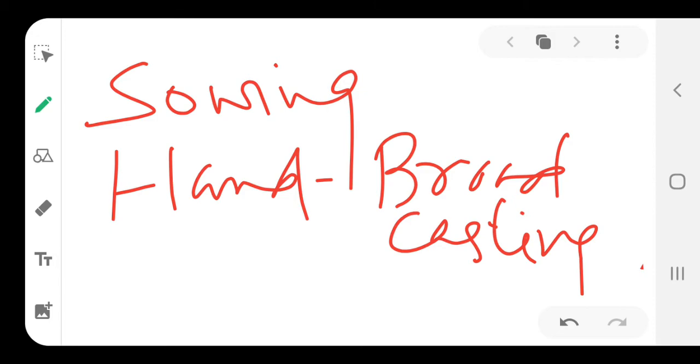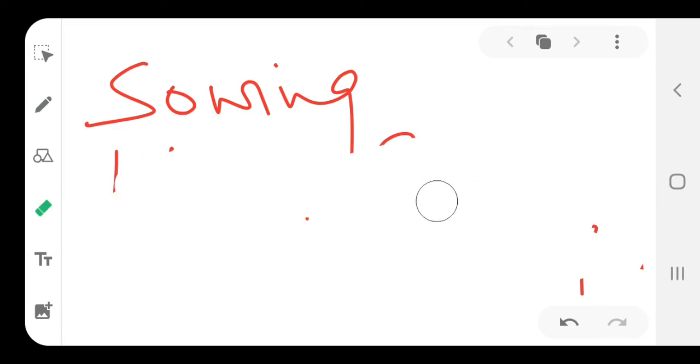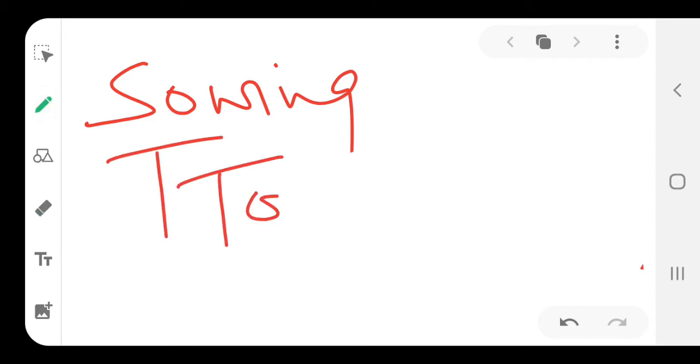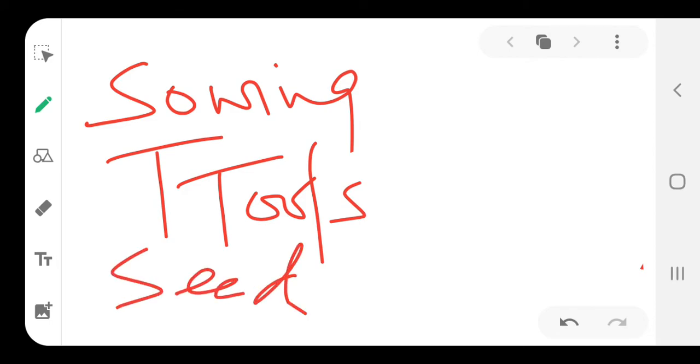Okay. Then we use lot many tools also for sowing categories. So you can check out the diagram under the heading called traditional tools for sowing, and then the latest called the seed drill. Again, a diagram is shown there.